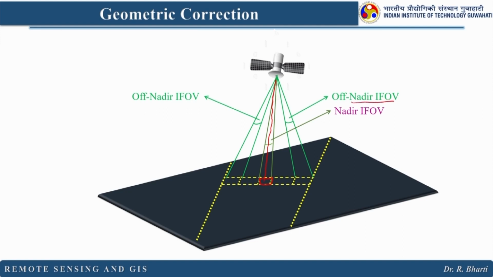Each pixel is captured by a detector, and that angle at which it is looking at the surface is known as IFOV, and the total angle looked by the sensor is your FOV, right, and this is the scanning path. So, the next pixel will be generated here, here, here, like this, it will generate the whole image, right.